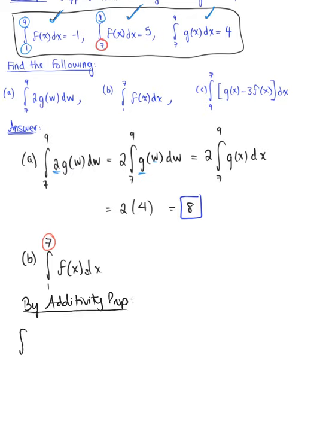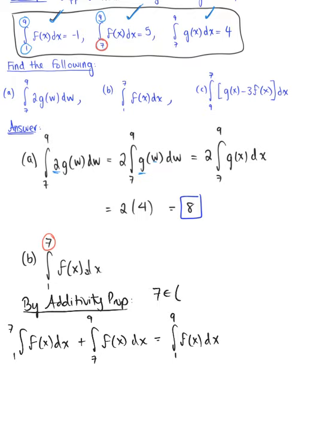By the additivity property, the definite integral from 1 to 7 of f of x dx plus the definite integral from 7 to 9 of f of x dx is going to leave us with the definite integral from 1 to 9 of f of x dx. This is because 7 is living within the interval from 1 to 9. Keep in mind, what are we solving for?